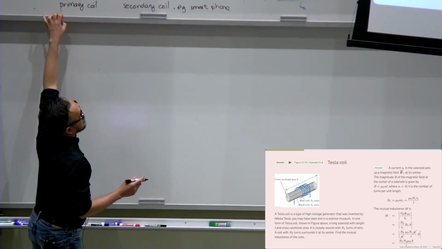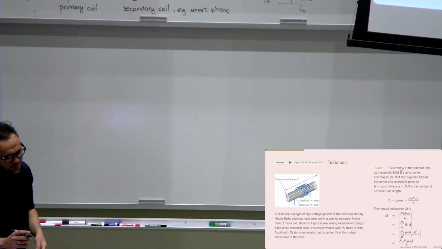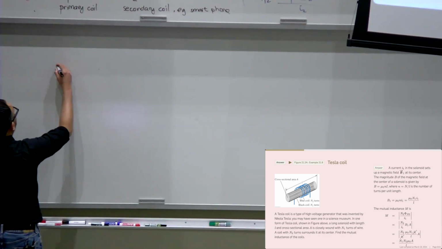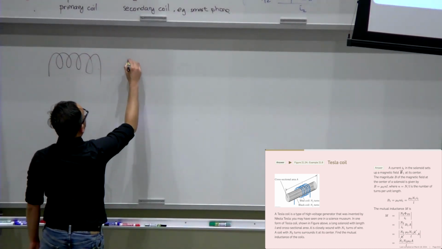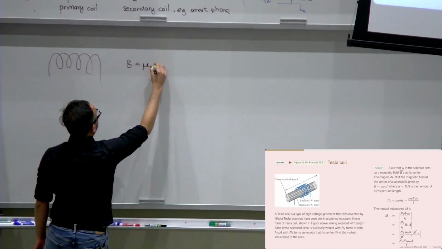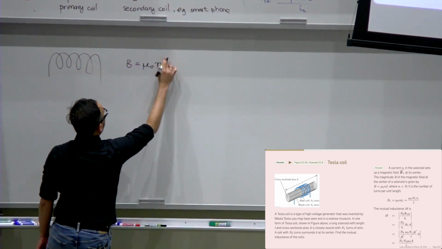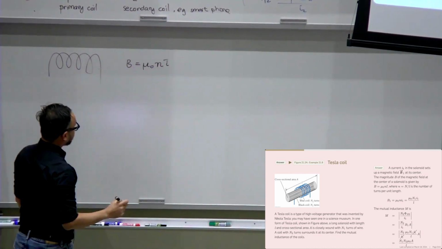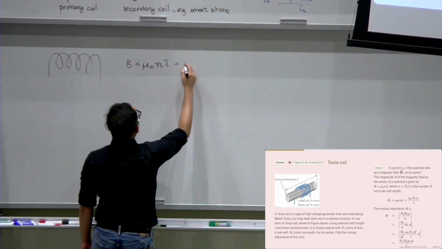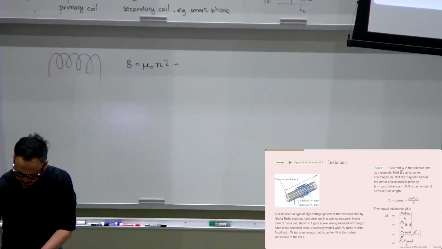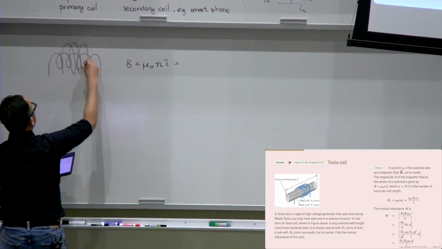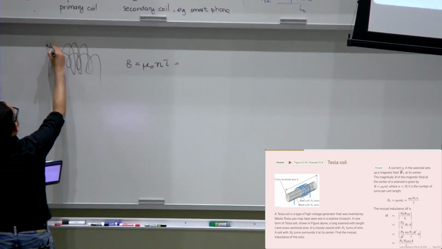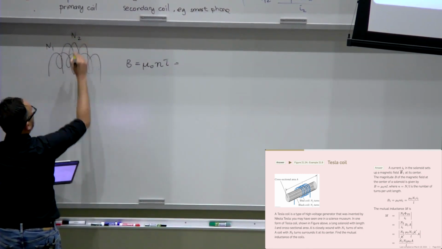So first, for a coil, again, the magnetic field is mu naught N times I, and N is for the first one. There is another coil here, so the first one is N1 and the second one is N2.